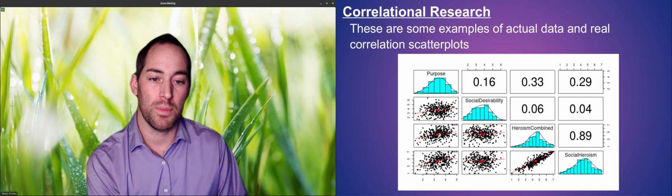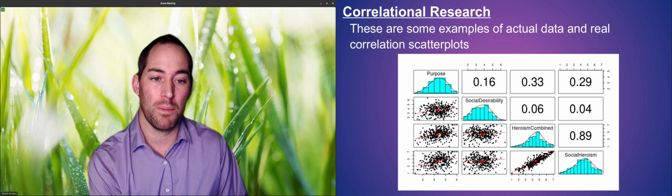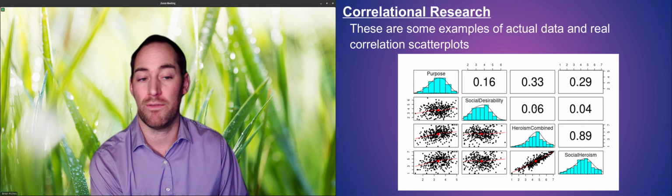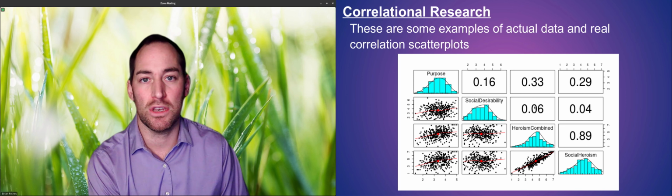But we can see that there's a whole range. So the computer found this line of best fit, and there's a cluster kind of in the middle there, but the correlation is very close to 0. So R equals 0.06. So very, very low, essentially no relationship between these two variables, which is what I was hoping for between those two things.